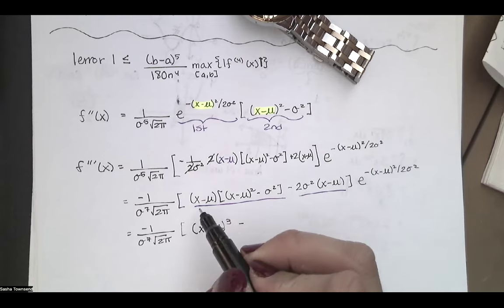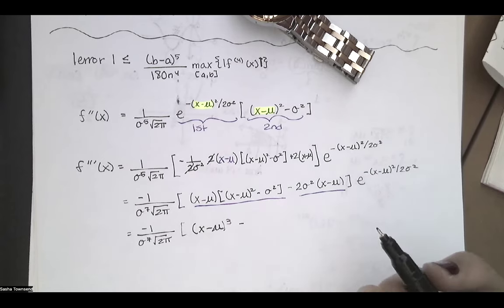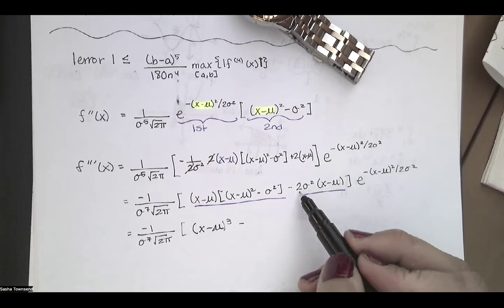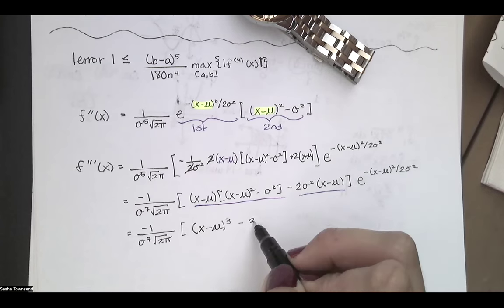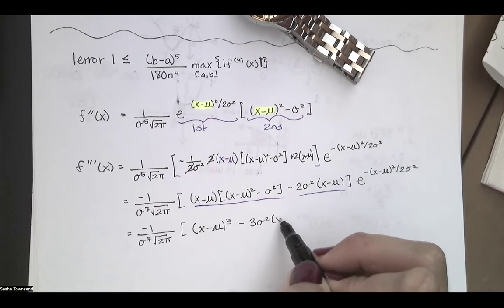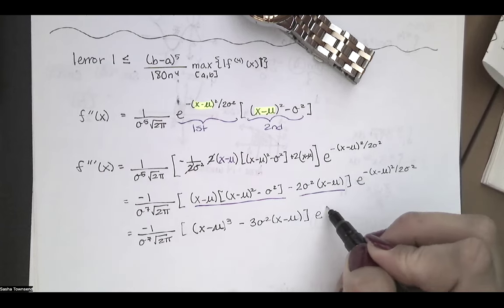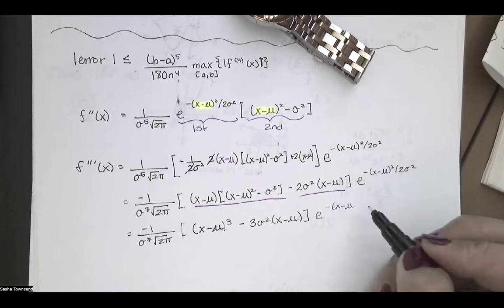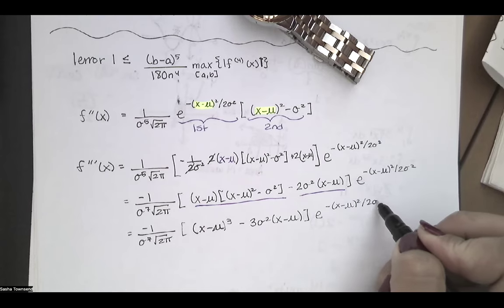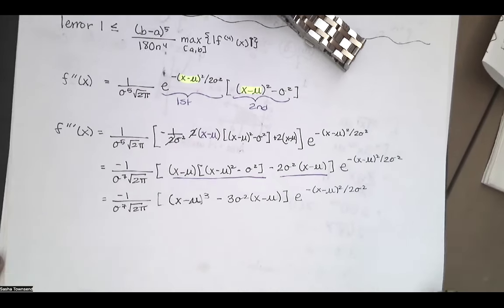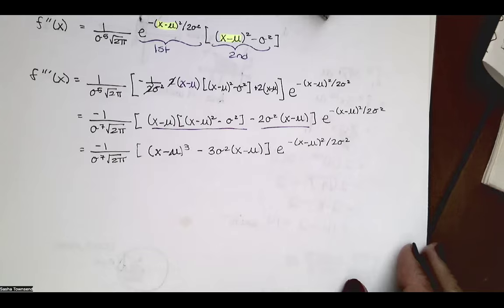And then I have x minus mu times negative sigma squared, and I've got 2 of those over here, so I'm going to have negative 3 of those, times that exponential factor. Okay, so that is our third derivative.